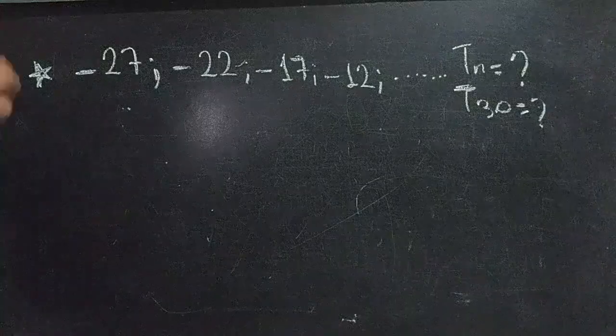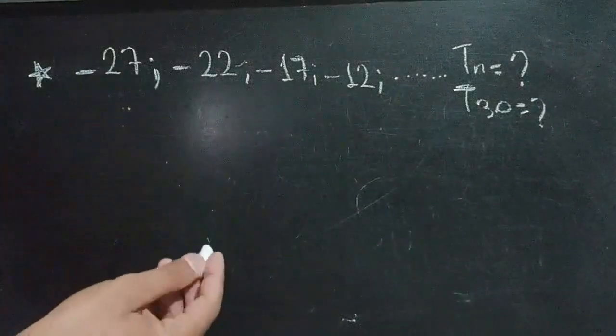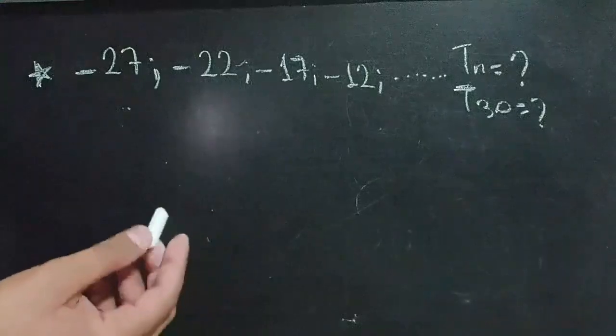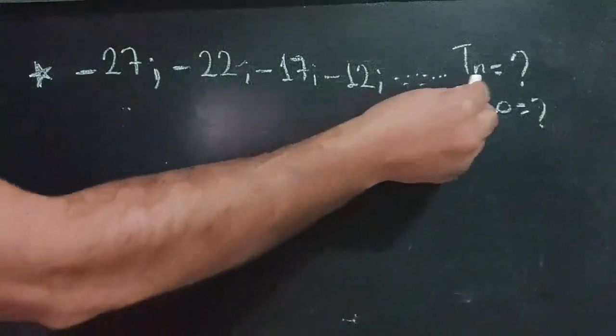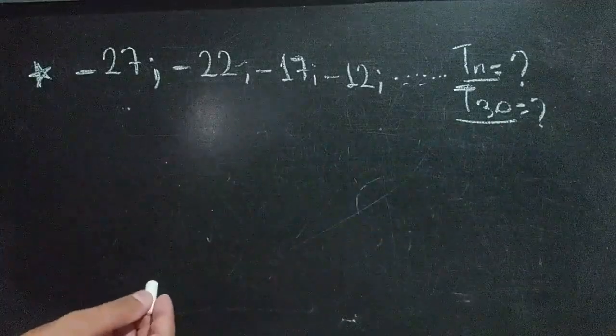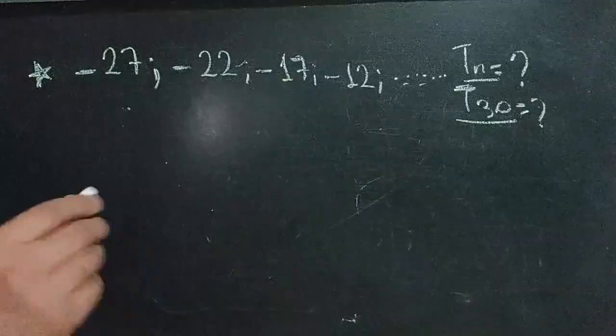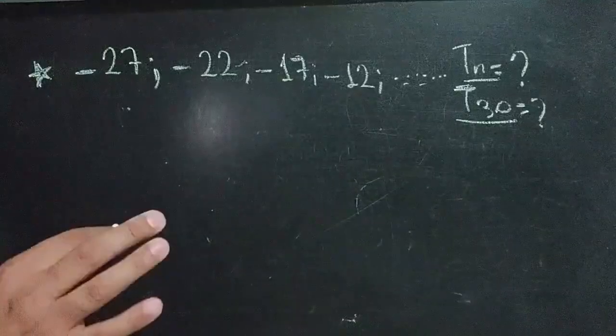Right, now let's have a look at this question. Negative 27, negative 22, negative 17, negative 12. What is the general formula and term 30? So you are going to find the constant difference between them first.